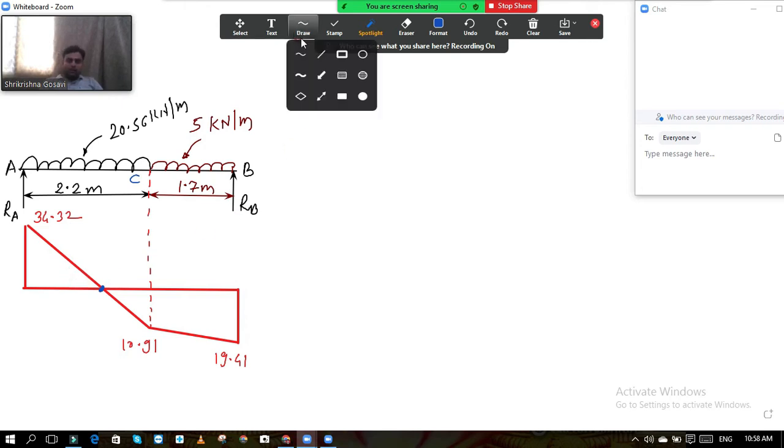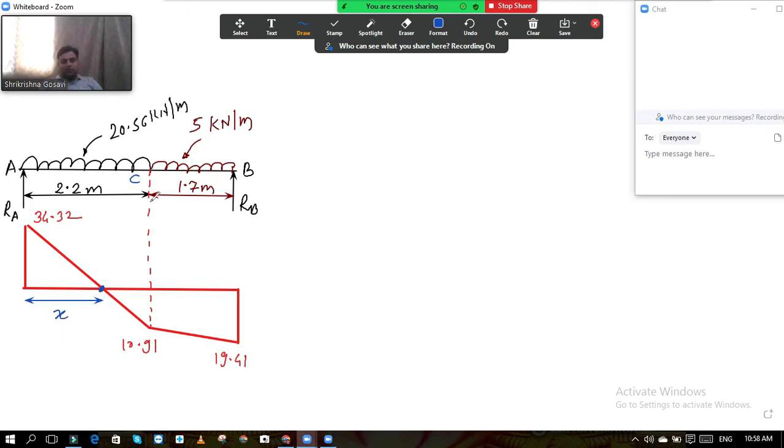So in this case now, see, let us assume that this point is at a distance x. Okay, let us assume that this distance, we don't know this distance. Now if this is x, this A to C total is 2.2. So this remaining will be how much? This remaining will be 2.2 minus x.